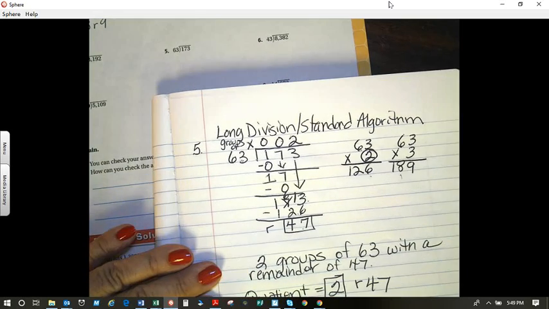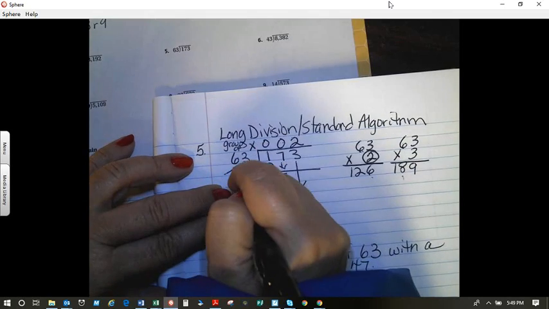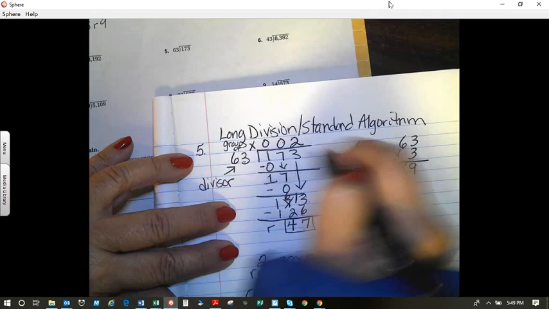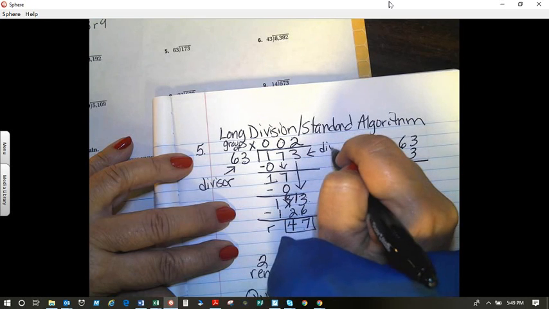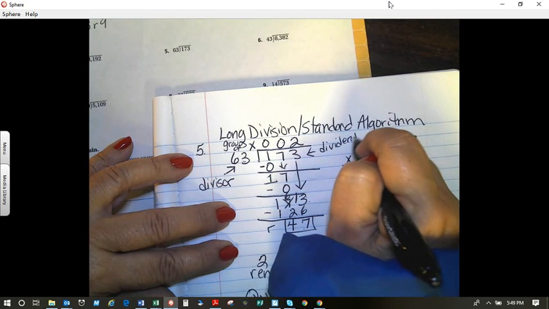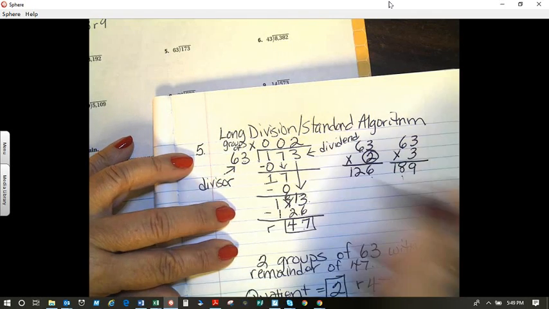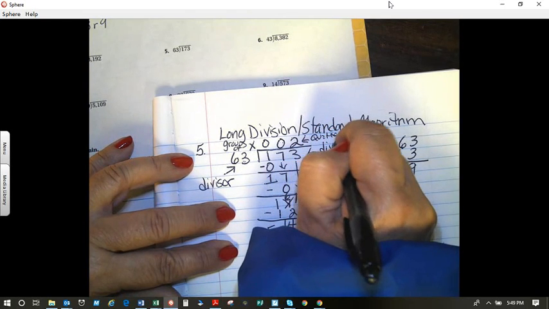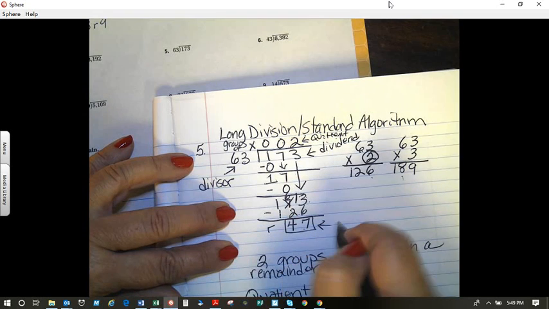Okay? Again, this is going to be my divisor. This is my dividend. And please mark it. Lots of you got it confused and didn't mark it. And this is my quotient. And this is my remainder.